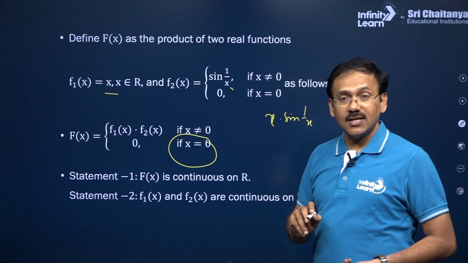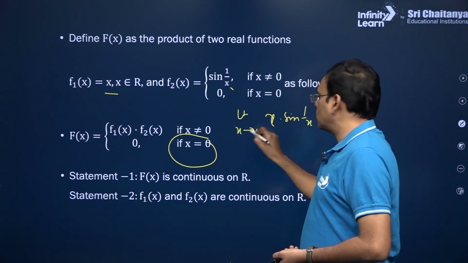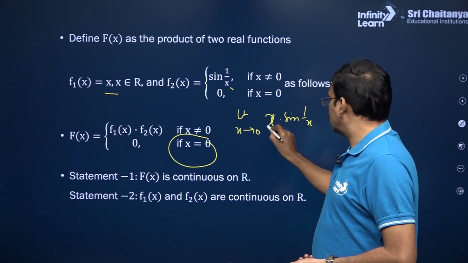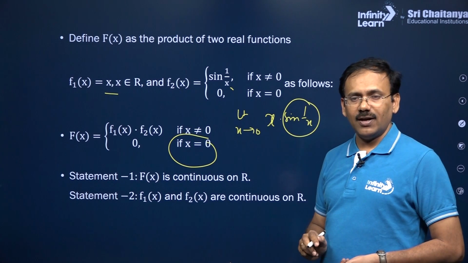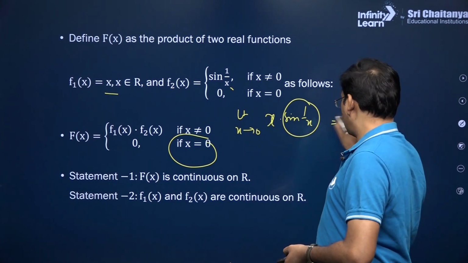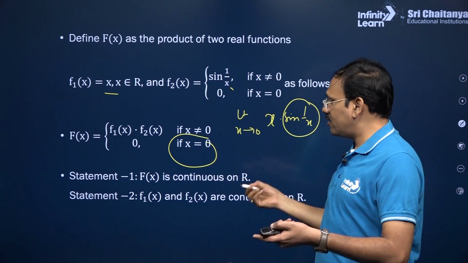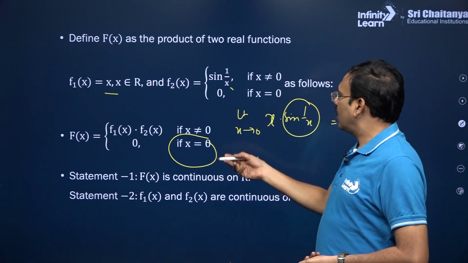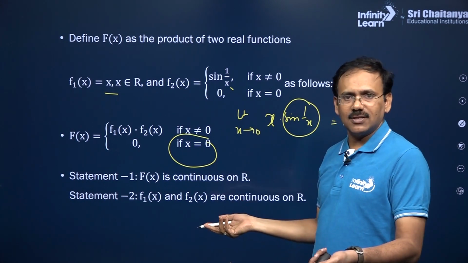He is asking whether it is continuous or not. Yes, my dear friends, limit x tends to 0. This goes to 0 into, it is a bounded value between minus 1 and 1. So, the limit is 0, my dear friends, and function value is also 0. It is continuous at 0. Otherwise it is no problem. So, at all the other real values it is continuous.